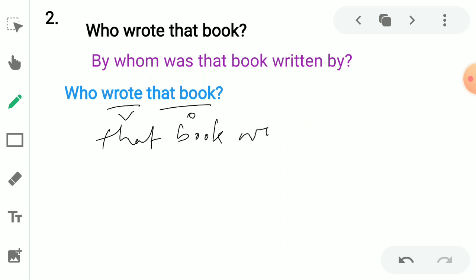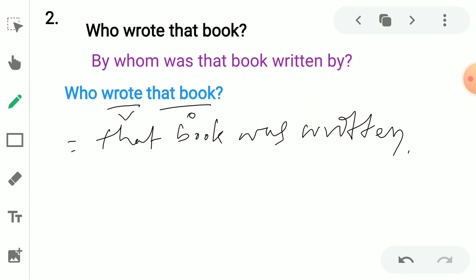Then was, because of the tense form, was written. Was written. Put a full stop at the end.